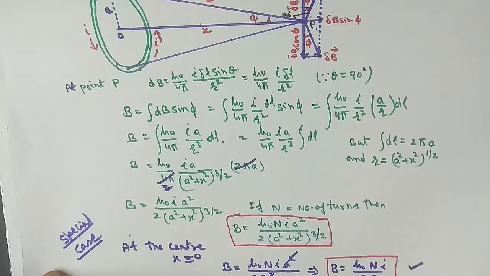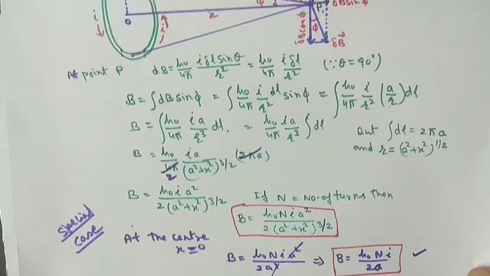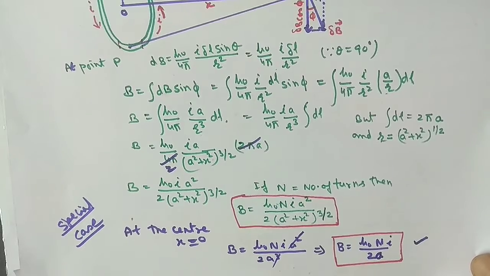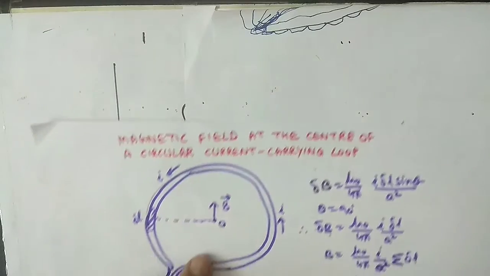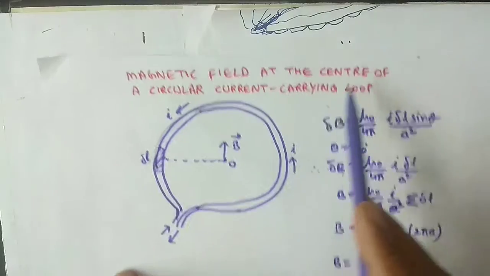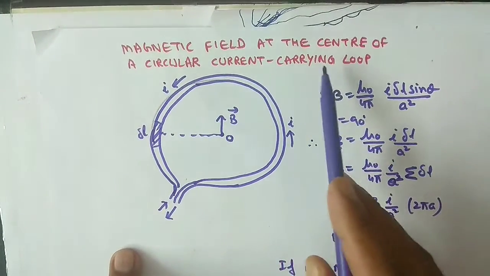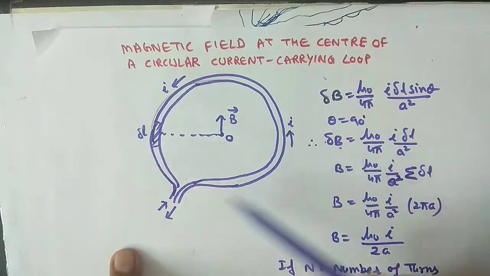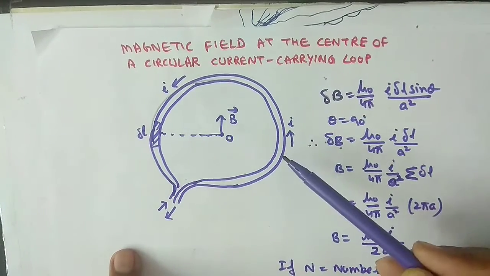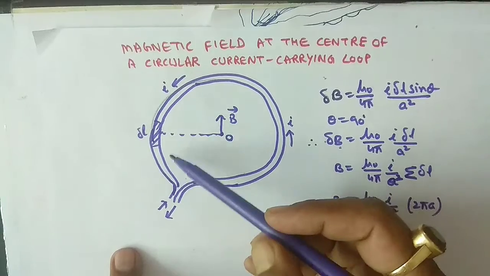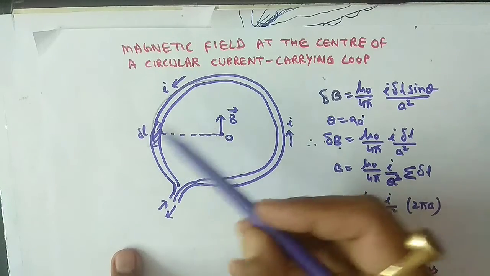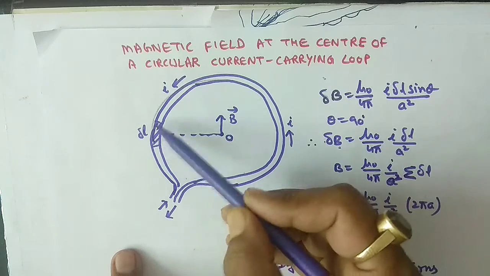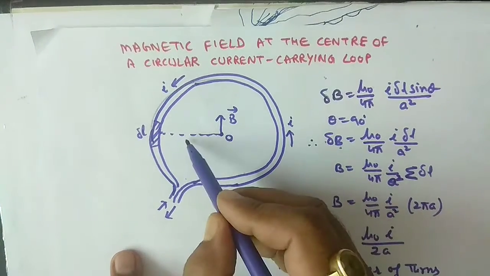Okay, dear students, we can find this formula by a different method also. We can find the magnetic field at the center of the circular current carrying loop directly. So I am imagining here a circular current carrying loop, and to apply the Biot-Savart's law, again we have to consider a small current element, a small del L, and its radius is again a.